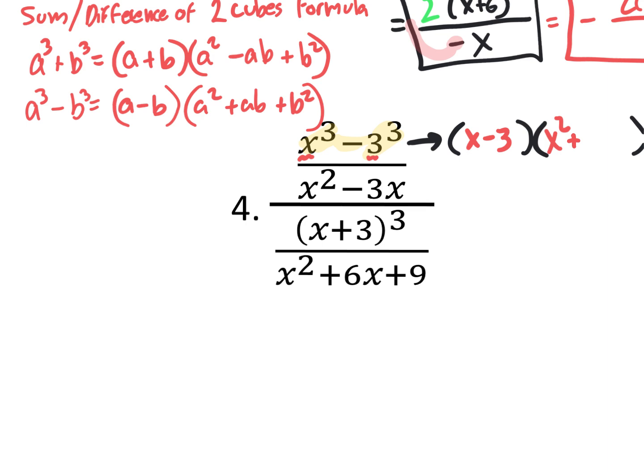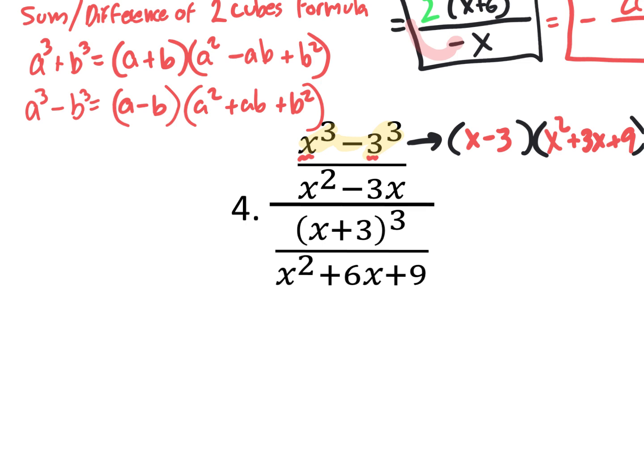Just the x and the 3. So when you multiply x and 3, 3x, right? And last but not least, you need a plus b squared over here. So what's my b squared? 9, or 3 squared, which is 9, plus 9. So I have factored this difference of two cubes. I hope we get that.